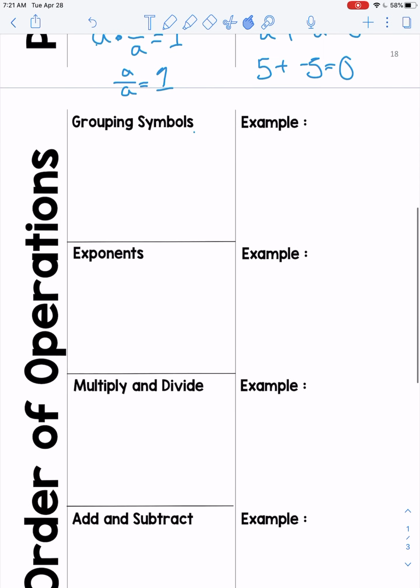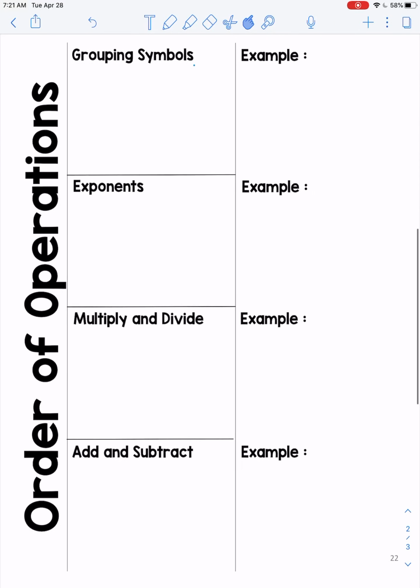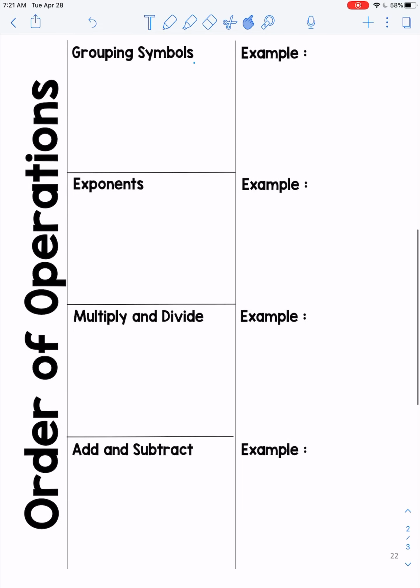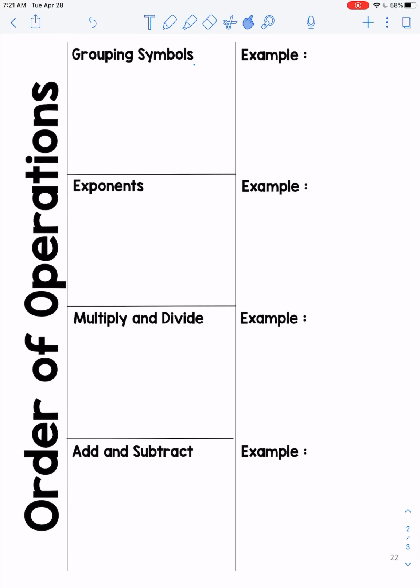So let's now move into our order of operations, which we can remember using PEMDAS, or Please Excuse My Dear Aunt Sally. But what you might see that's a little different here is grouping symbols, because grouping symbols are not just parentheses. You will see some different types of grouping symbols other than just parentheses.